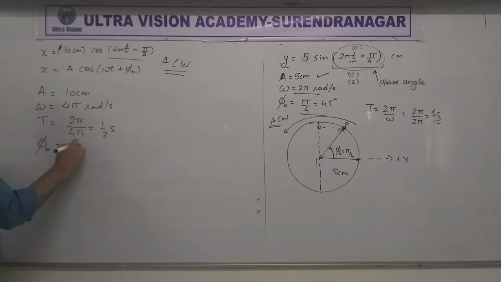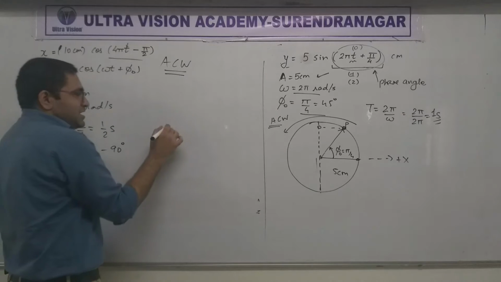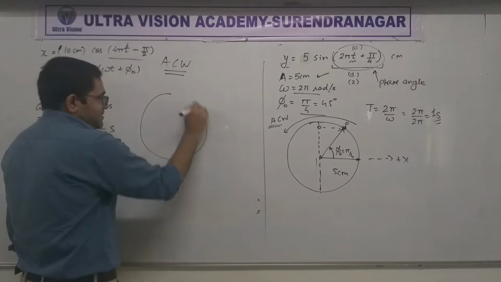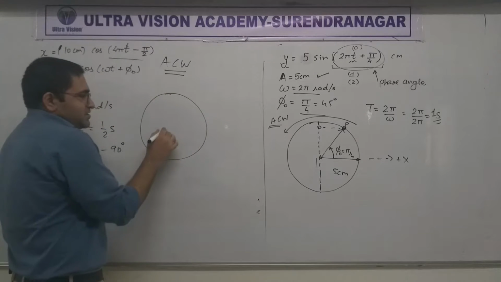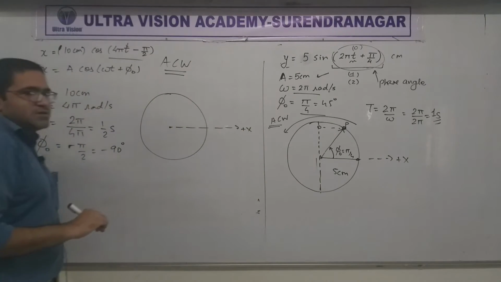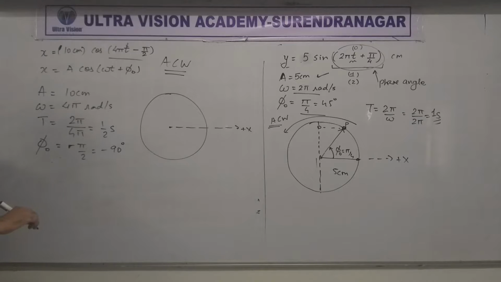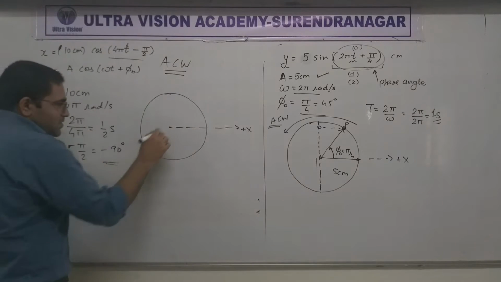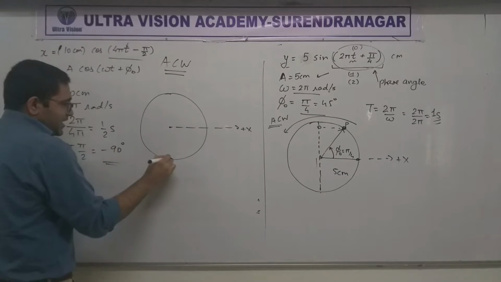Initial phase is minus pi by 2, meaning minus 90 degrees. So if we want to draw it, once again, here's the circle, right? This is the origin, this side is positive x. So what's the initial phase? Minus 90 degrees. So I should draw it here at the start.